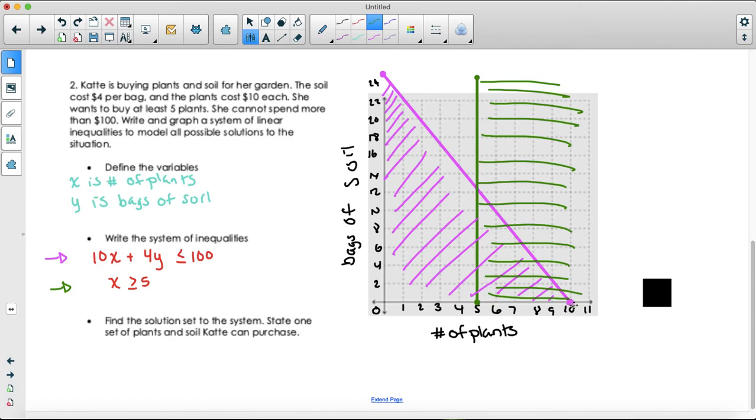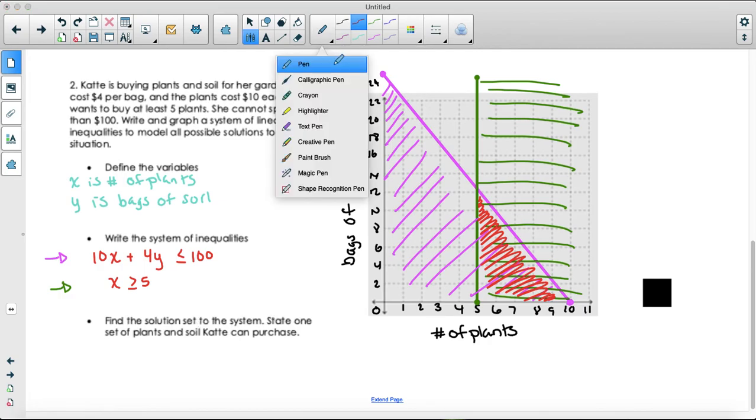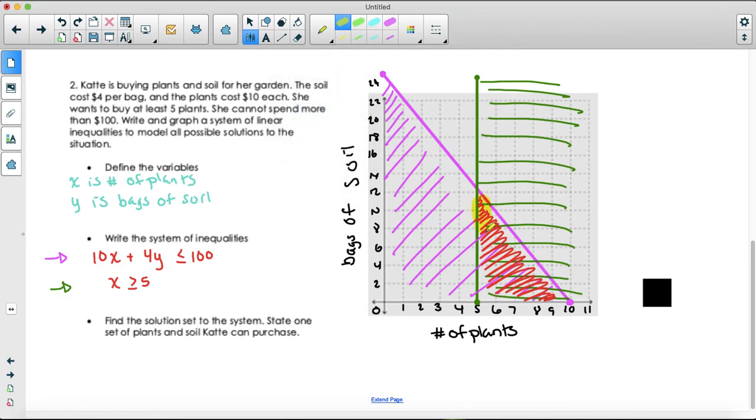So I cannot buy more than 10 plants because I knew that that was the highest I could for the money, but I needed to buy at least 5. So the solution set is between here, where the pink and green meet. So we found the solution set to the system. I'm going to highlight it.